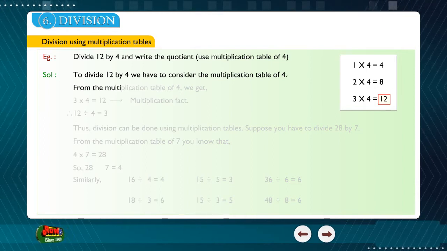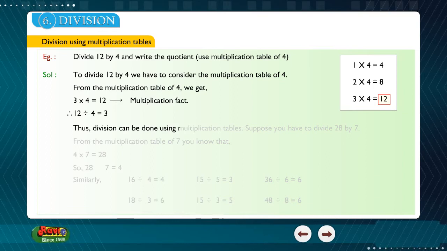From the multiplication table of 4, we get 3 into 4 is equal to 12. Multiplication fact. Therefore, 12 divided by 4 is equal to 3. Thus, division can be done using multiplication tables.